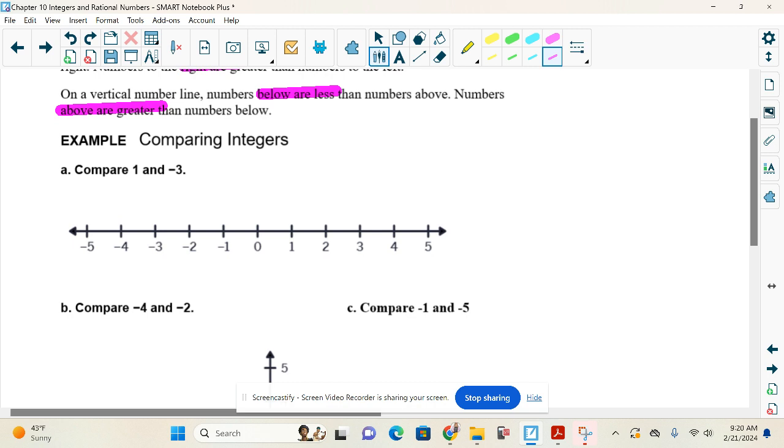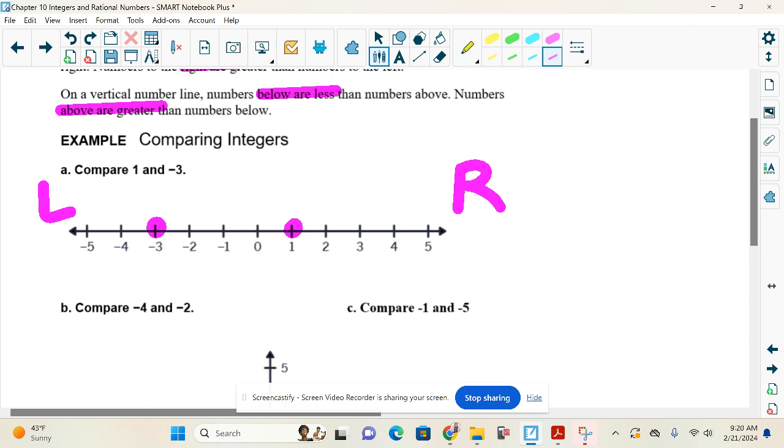we want to compare 1 and negative 3. And the best way to compare these is by graphing them on a number line and knowing which one is further to the left and which one's further to the right. So we can take our highlighters and we can plot positive 1 and negative 3. So this is the left side and this is the right side.